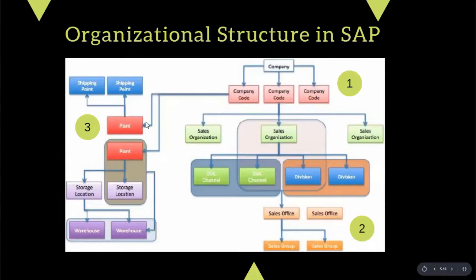A company code can have more than one plant assigned to it, but a plant cannot be assigned to more than one company code. The plant can in turn have storage locations, and the storage location can in turn have warehouses assigned to it. This is how the enterprise structure grows. We'll see more detail about what a client, company code, plant, storage location, and warehouse are in the coming slides.